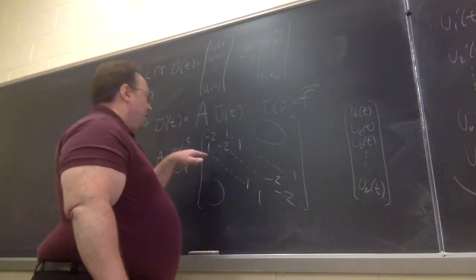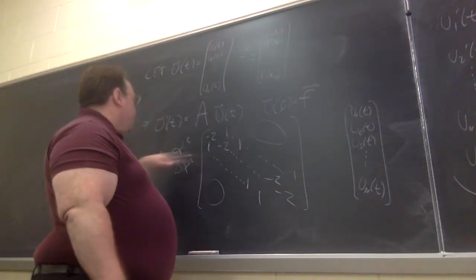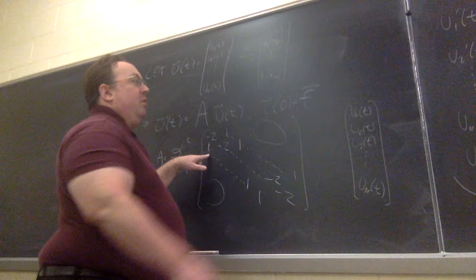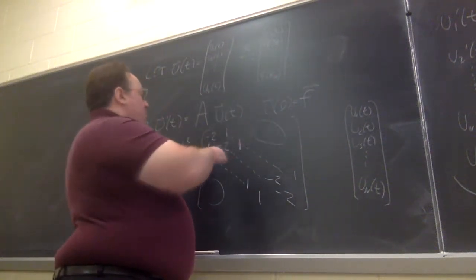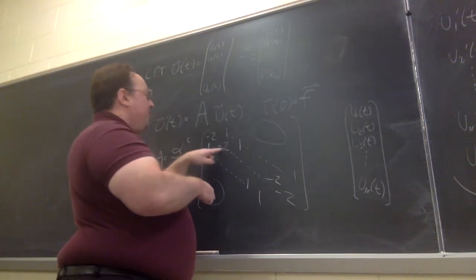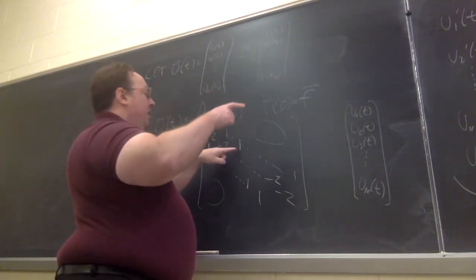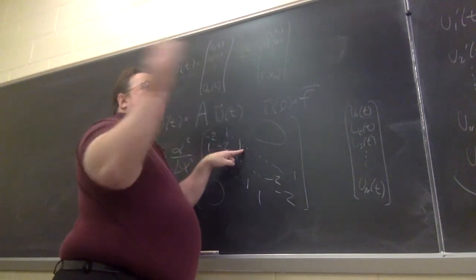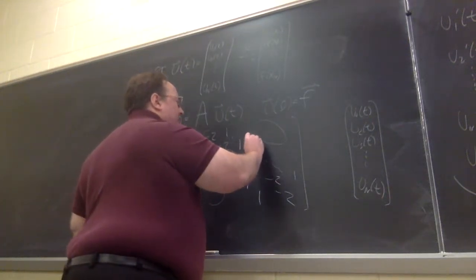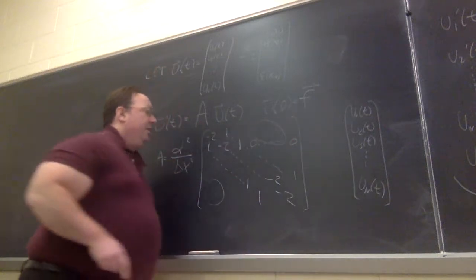So if I look at the second row, for u2 prime of t, what do I have over there? I have alpha squared over delta x squared, u1 minus 2u2 plus u3, and then there's no dependence on any other u, and that's why the rest of the row is 0.